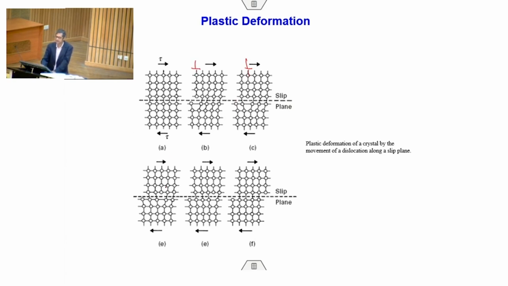And then again this dislocation moves here, and here, and the dislocation moves to the surface. So it creates a step, and this is the slip plane. This is what happens in the edge dislocation, when you move the edge dislocations from one part of the crystal to the other part of the crystal over a slip plane. The step that is created here at the end is known as a slip step.